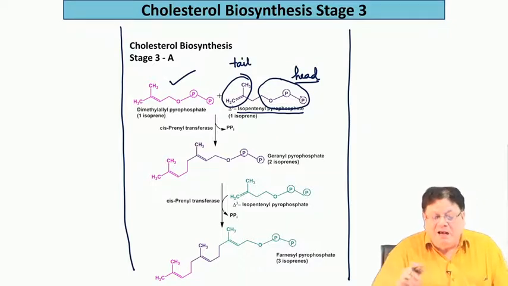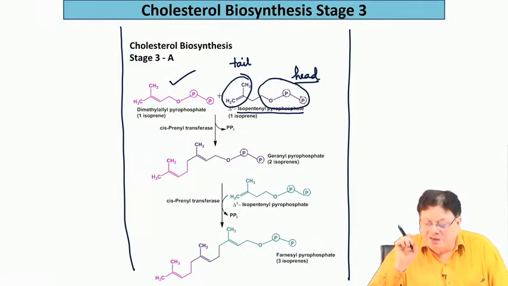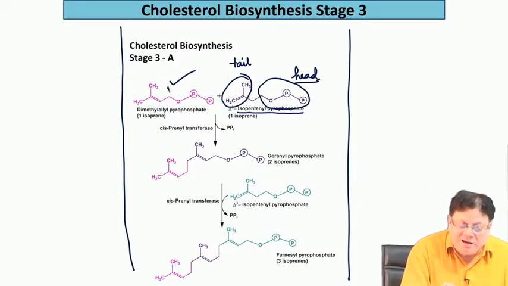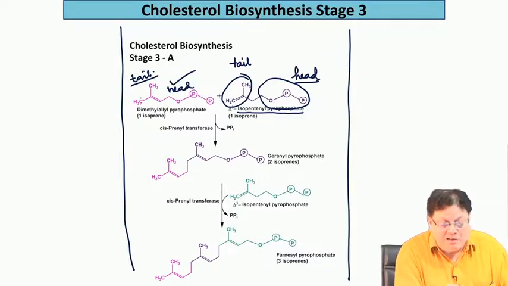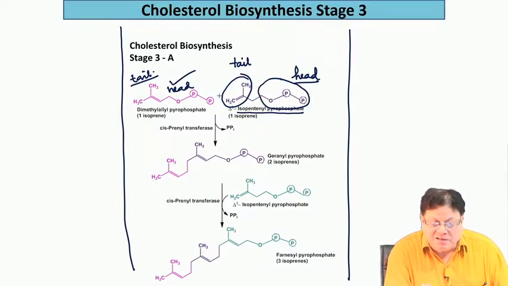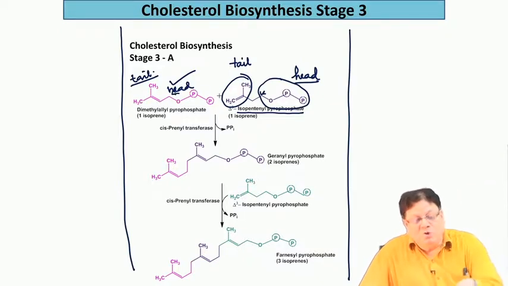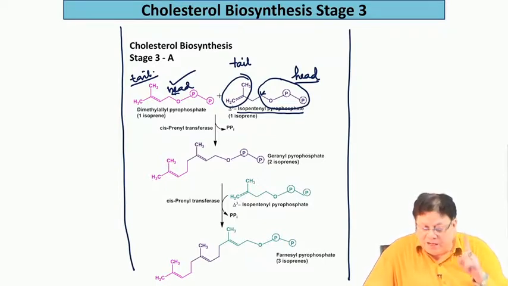So this isopentenyl pyrophosphate has a head group and a tail end. For this also the head is here and the tail is here, and the tail carbons are these methyls, and the head carbons are the allyl carbons.